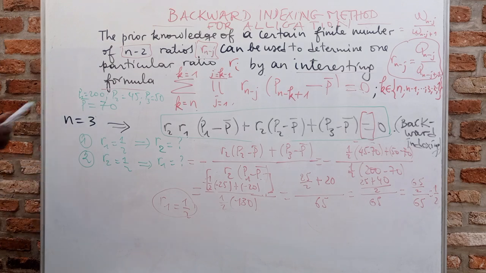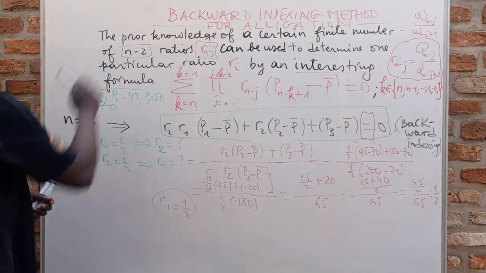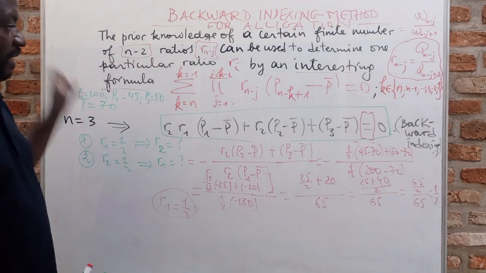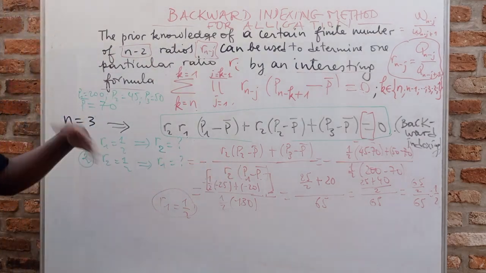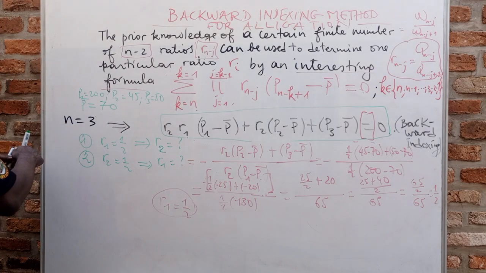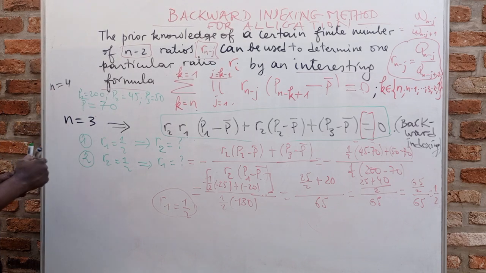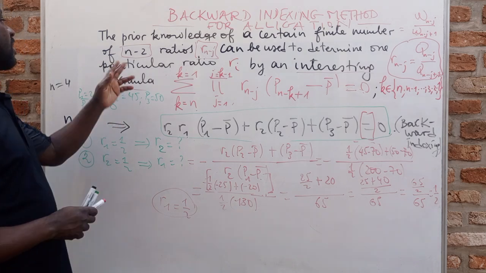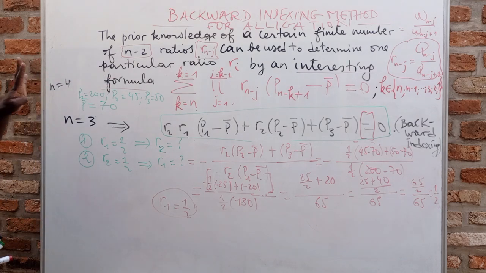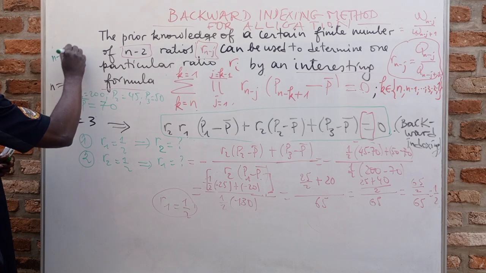So we can continue on and on when we have n minus 2 ratios. Because n equals 3, we need at least one ratio in order to find the other ratios. If we have n equal to 4, for example, we necessarily have to know 4 minus 2, two ratios, in order to find the other ratios, because we have a total of n minus 1 ratios.